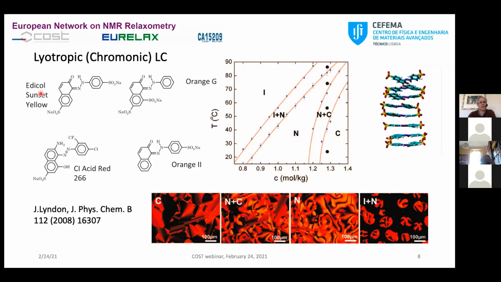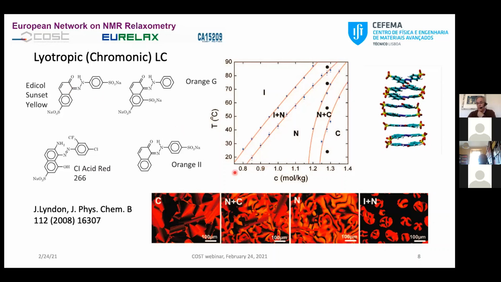So it used to be a dye component for food in the food industry, but now no, it has been replaced by other compounds due to food safety issues. Anyway, this is another type of example of liquid crystals.